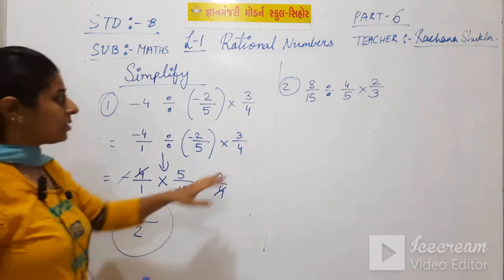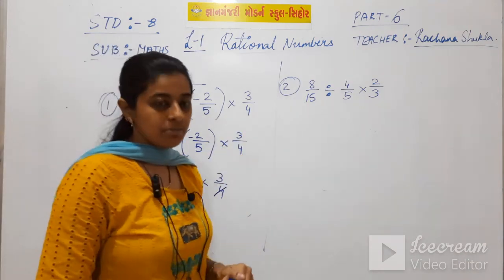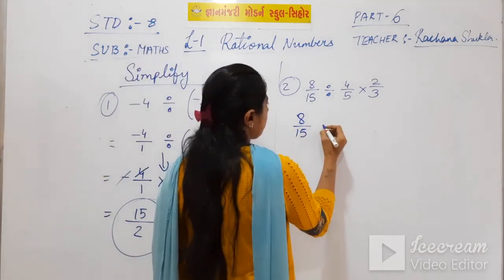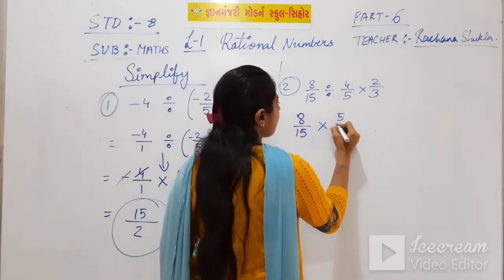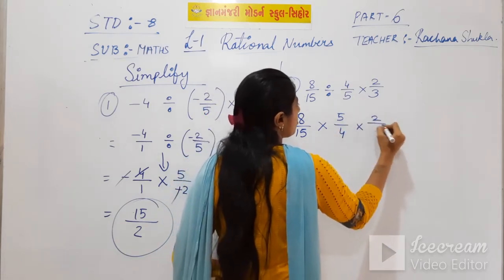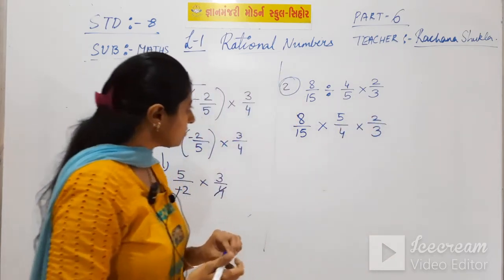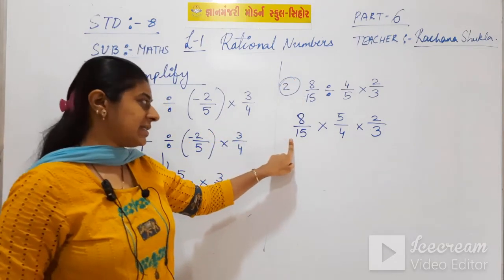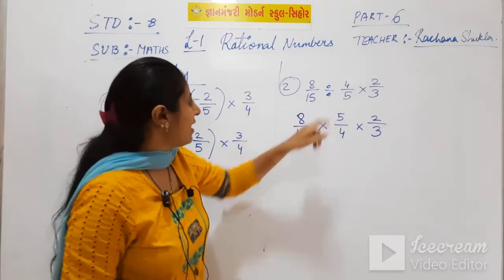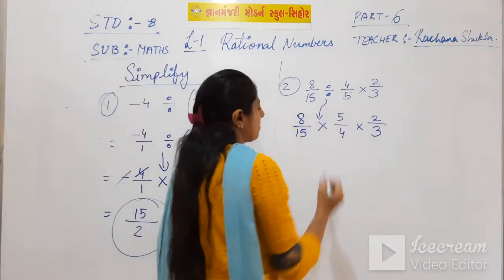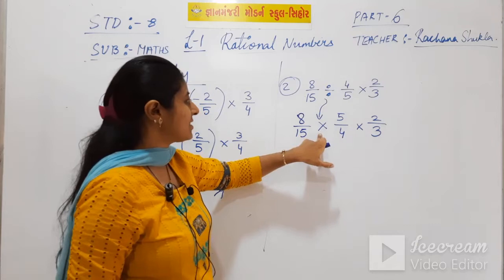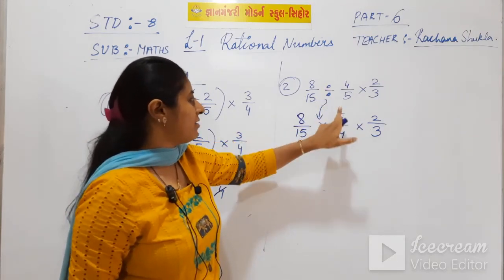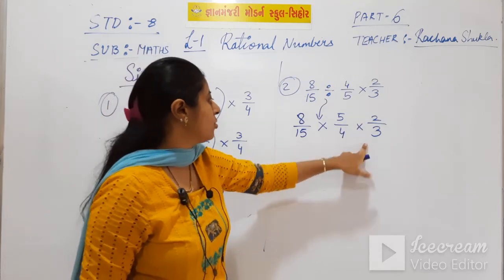Now another sum, that is the second sum. Your answer goes like 8 upon 15 multiplied by 5 upon 4 into 2 upon 3. I repeat once again, 8 upon 15 will remain as it is. Divide will become multiply, and if you change this sign, you have to take the reciprocal of the number. 4 upon 5 will become 5 upon 4 into 2 upon 3.